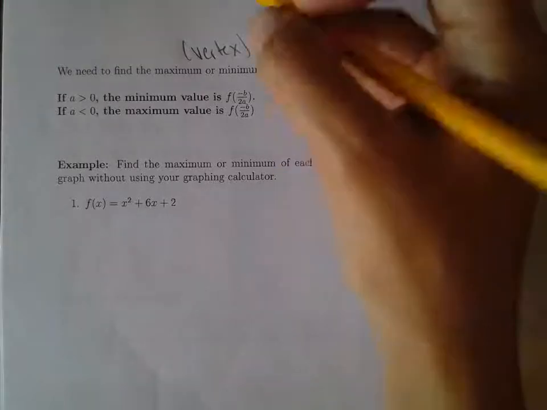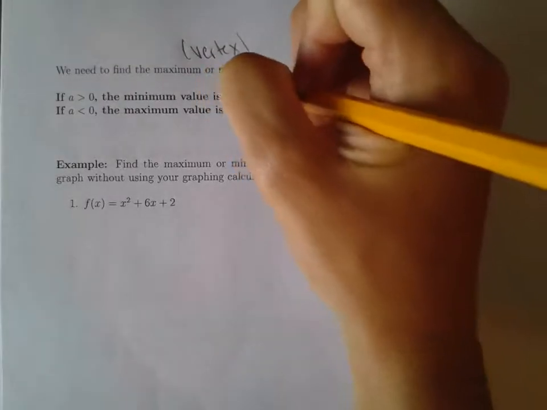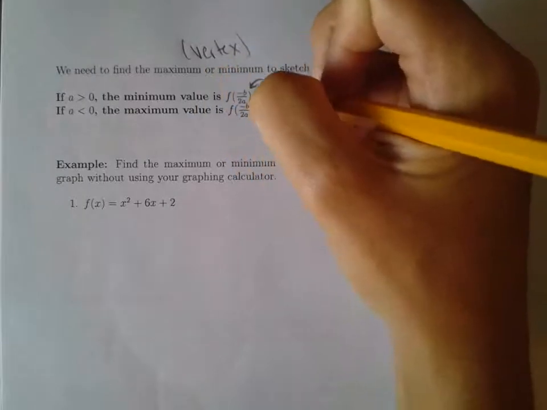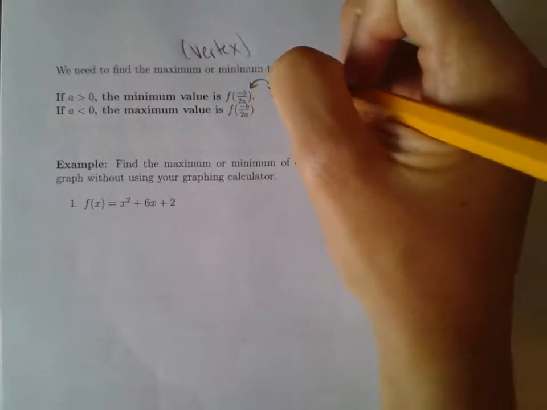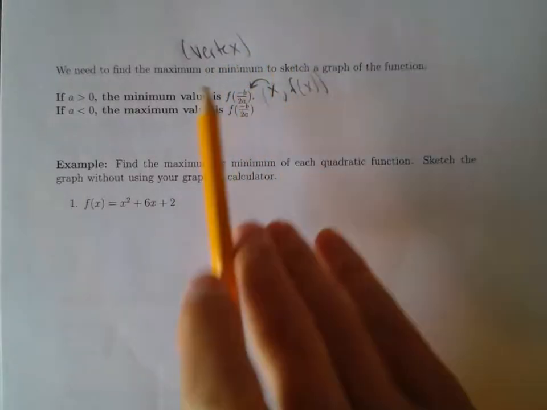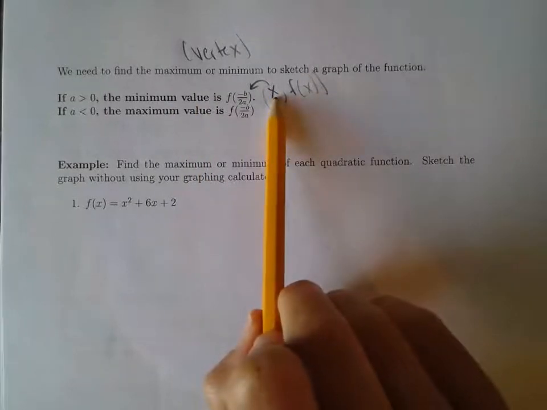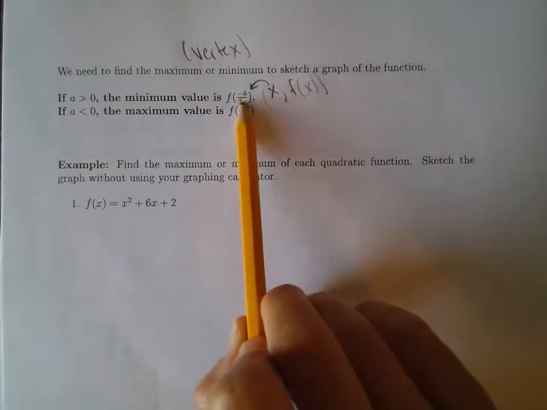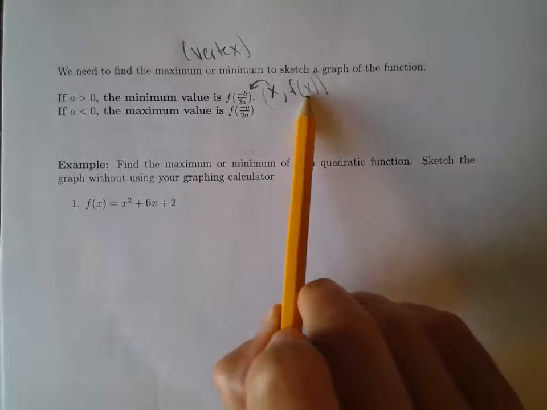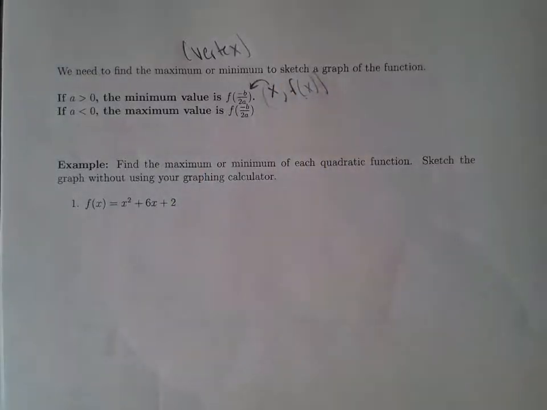That means negative b over 2a is the x value, and when you plug that in, you get f of x. So the x value of the vertex is negative b over 2a, and then you plug it in to get the y value. If a is less than 0, the maximum uses the same formula. We really don't need to pick out minimum or maximum until later.